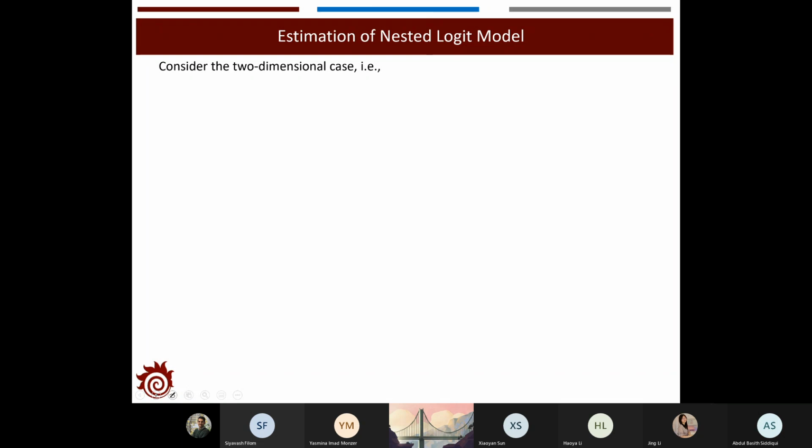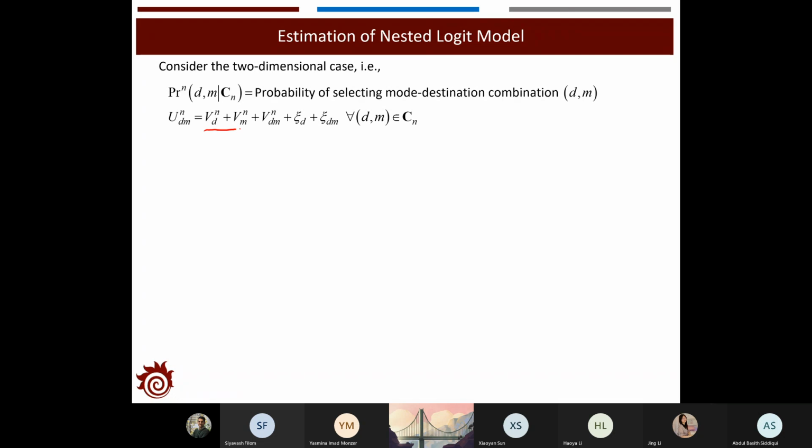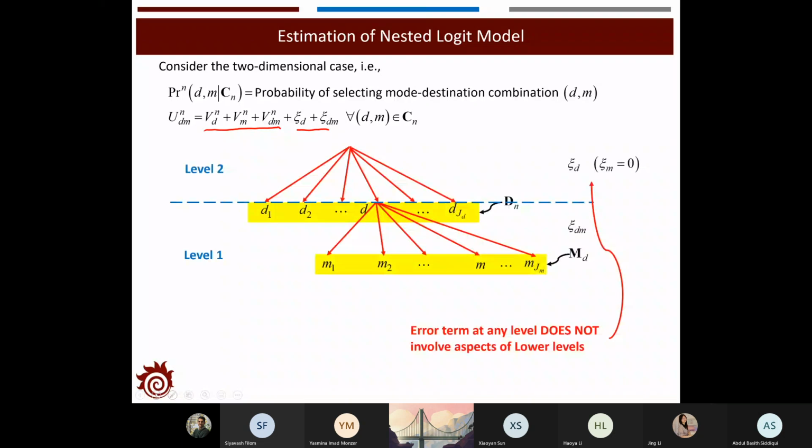So first, for the 2-dimension scenario, we still consider the mode and destination combinations. The utility will consist of 3 deterministic components and 2 random terms. From the nested logit model, we set level 1 as the mode and level 2 as the destination.